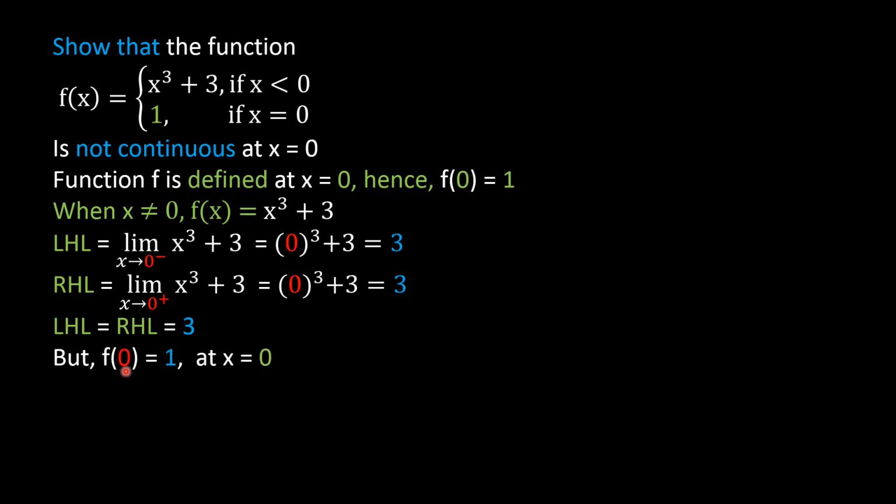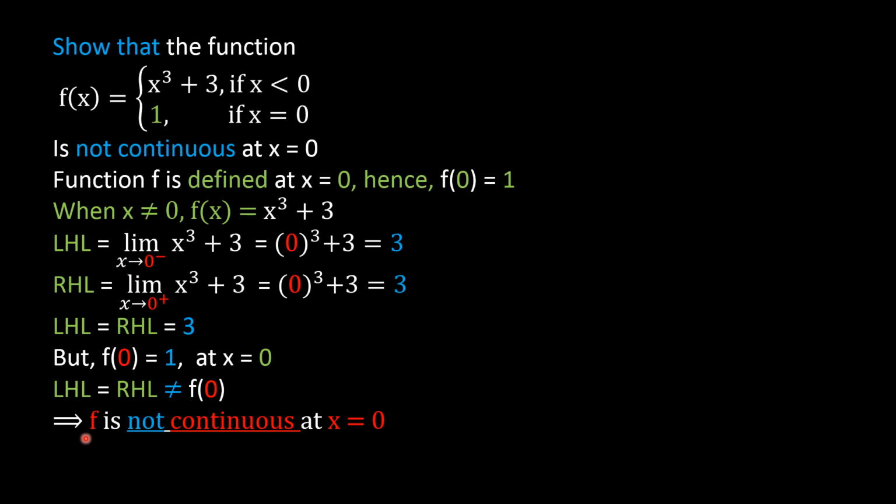But f(0) is 1 at x equals 0. Left hand limit is equal to right hand limit, but it is not equal to the value of the function at x equals 0, that is f(0). Hence, we can say that the function is not continuous at x equals 0.